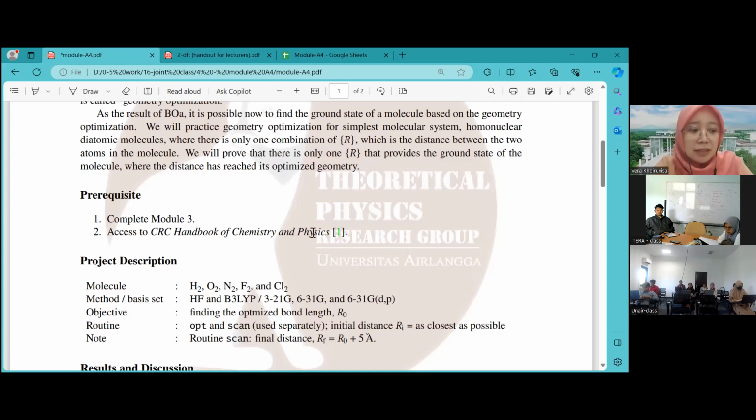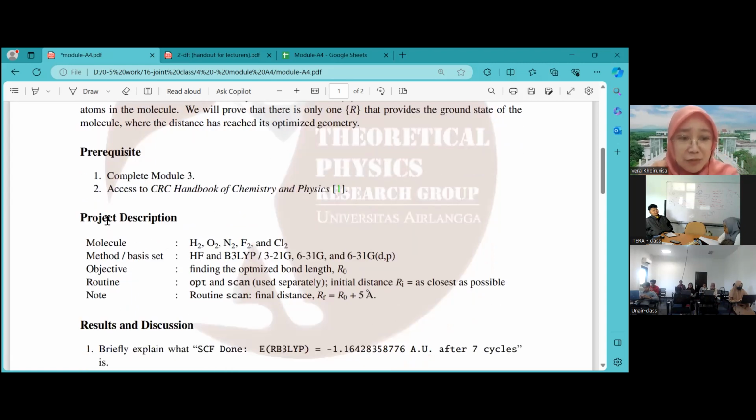So remember what Dr. Fabian said, that you should never go to a website called LibGen because it will provide you free books. So yeah, don't go there. Okay, I will continue with the project description.